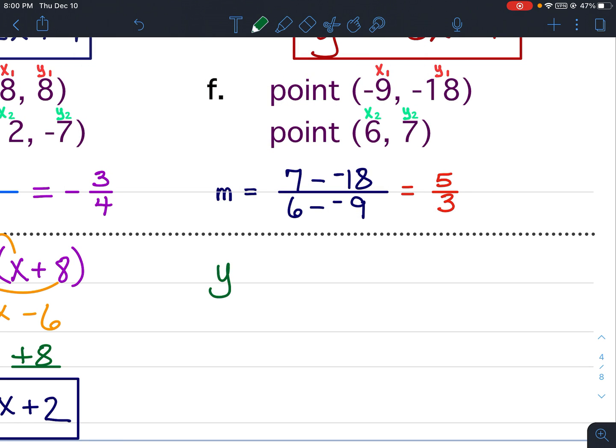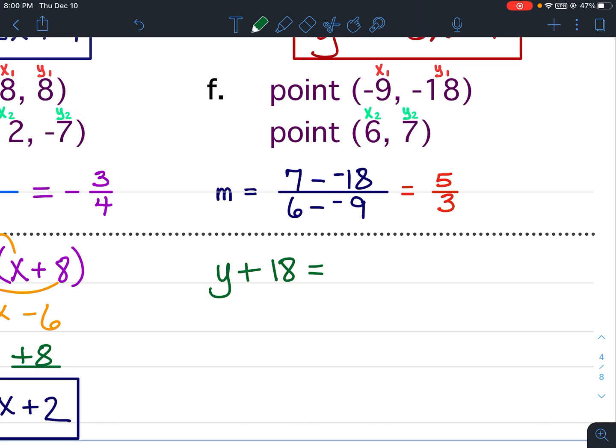So I have y, and then the opposite of y1. So again, you could either put minus negative 18 like that, or you could write it as plus 18. I don't care which way you do it. Whatever you feel more comfortable with.